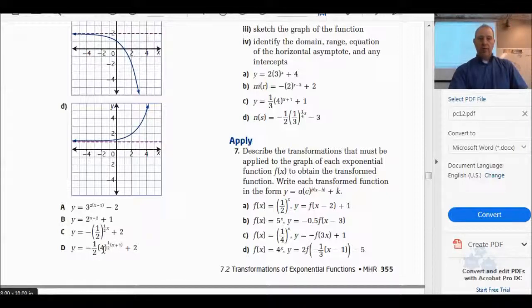Oh, I have one with a base greater than 1 and one with a base less than 1. So what does that do again? Greater than 1 looks like this. Less than 1. Okay, so this flip here could be the constant, right? Being less than 1. That's okay. So we have a +2 on both of these. So does it look like it could be C?